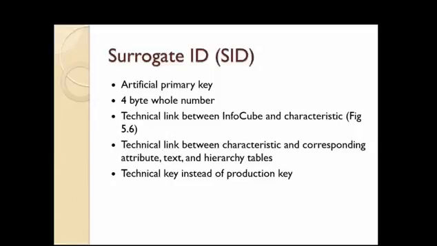It is not a key used in the real world for production purposes. So it's a technical key instead of a production key. And each key is very short, only 4 bytes long, and represents a whole number, so it's an integer. There are no fractions to work on, so it's very fast and very efficient to process.